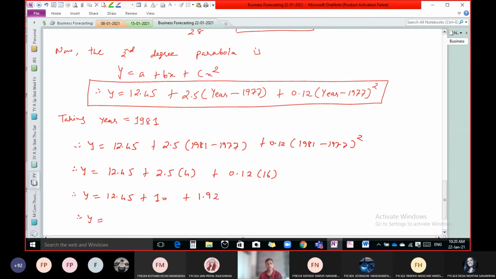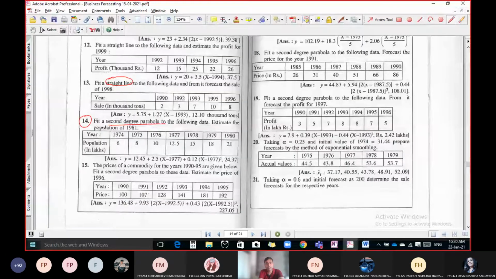So what is the total of this? 24.37. Yes, 24.37. That is your estimated population for the year 1981. So that is the way to estimate by using second degree parabola.